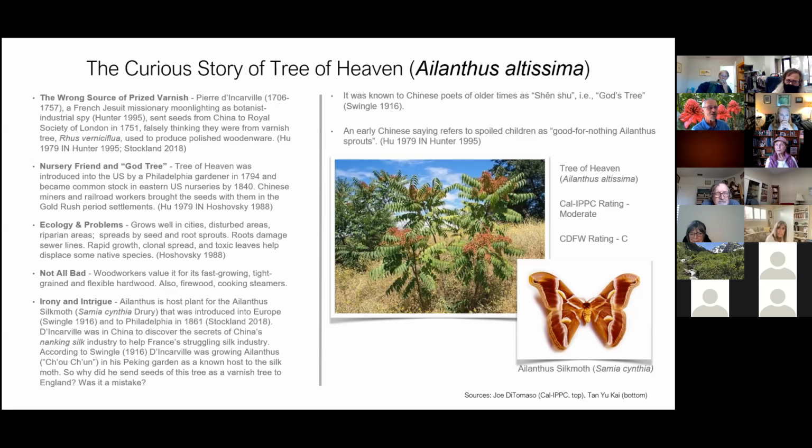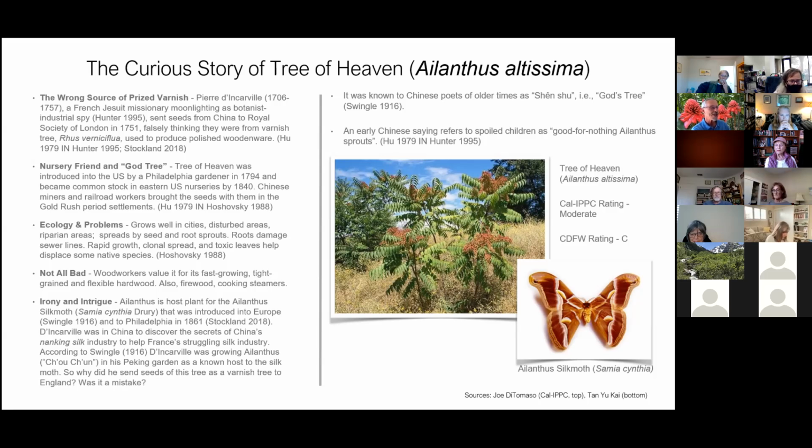And what he was trying to do was bring the secrets of the superior Chinese silk industry to help his French counterparts and the government and the industry in France, which was struggling.